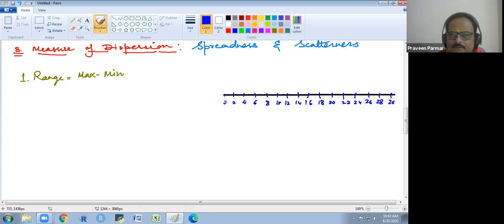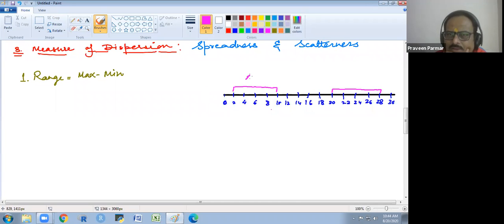This is our data somewhere. I am taking out two data sets from this. The first one I am taking out this, and the second one I am taking out this. Just a moment, I take this one.